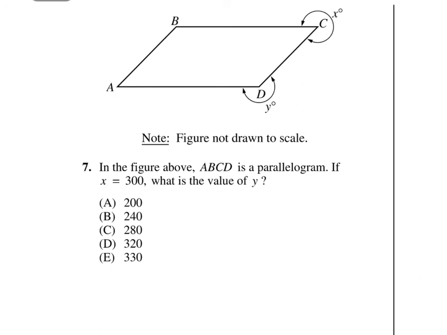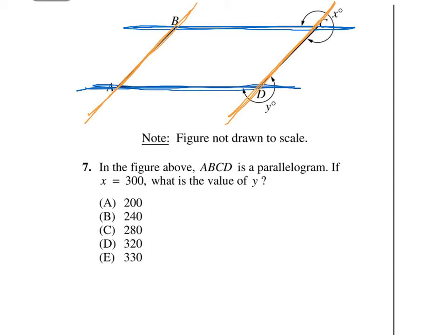Okay, in this last problem, we have a parallelogram, and I want to point out to you that anytime you have a parallelogram, we can view the horizontal lines as being parallel, and they're cut by either of the lines that are not horizontal as a transversal.